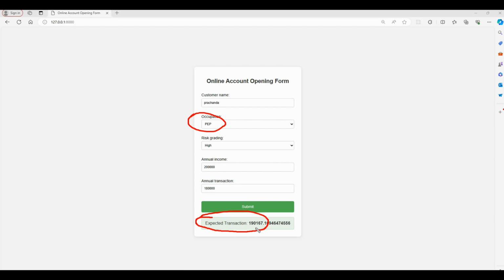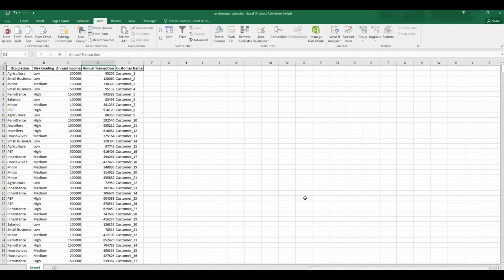That means if we find any PEP conducting a transaction above this threshold amount, then his transaction must be investigated for suspicious activity. In this way, an advanced machine learning algorithm like K-means helps to segment customers based on various attributes, and it does this automatically.